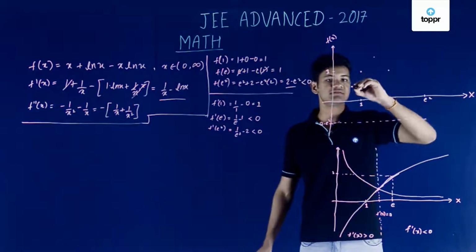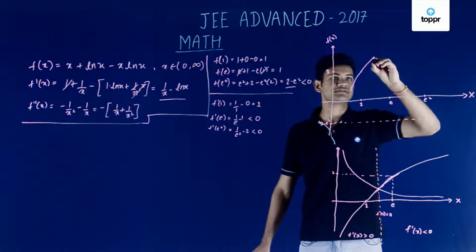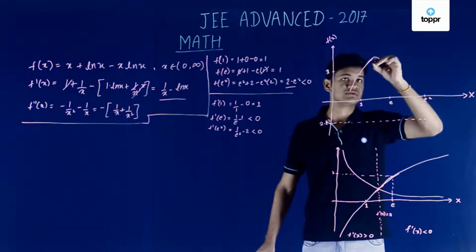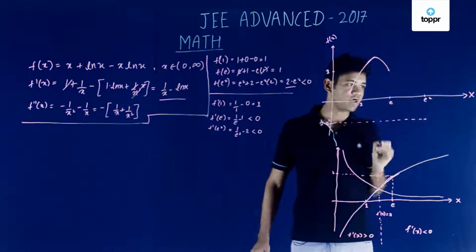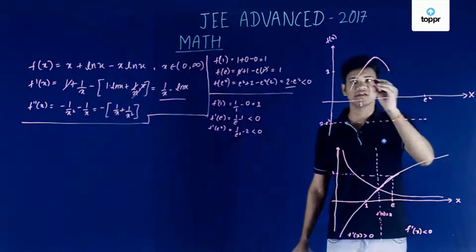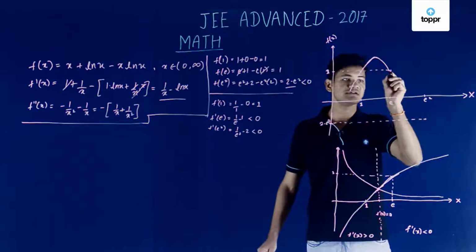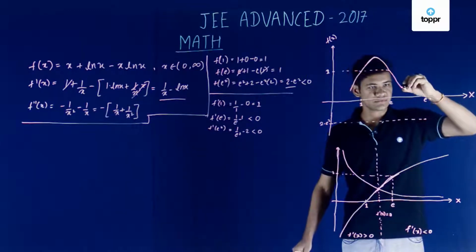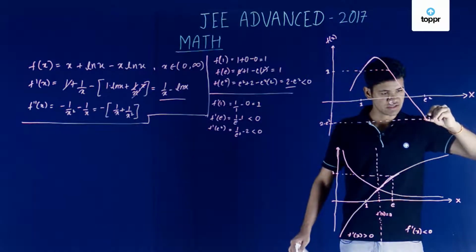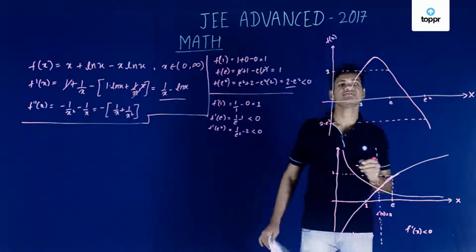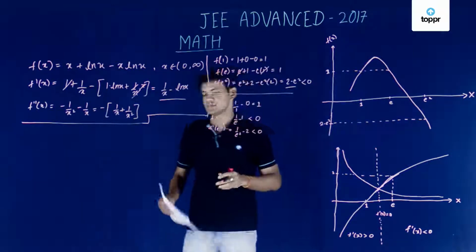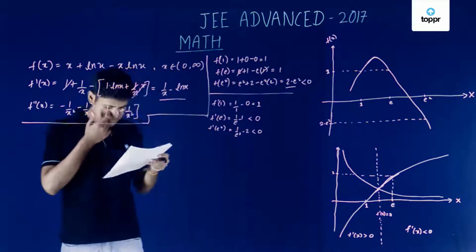So the graph will look somewhat like this, and starting from here f'(x) is less than 0. So once it crosses this point, the function will be decreasing, and the function's value is 1 here, and it is somewhere negative here. So the function passes through like this, right? This is somewhat the rough sketch of the function f(x). So now we can start analyzing the questions.